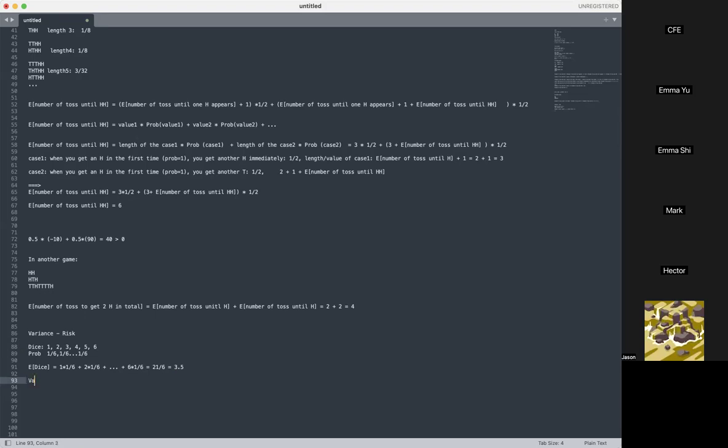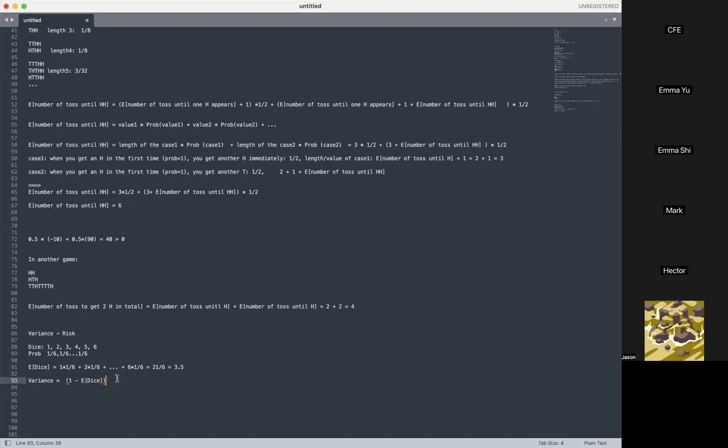And what is the variance? The variance by definition is this: you can get a 1. How far is 1 from its average value, right? It's 1 minus the average, and then you square it.